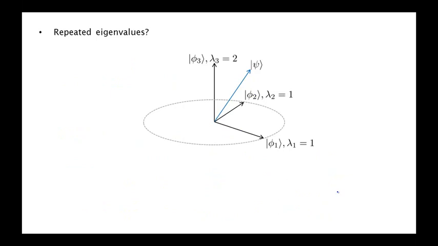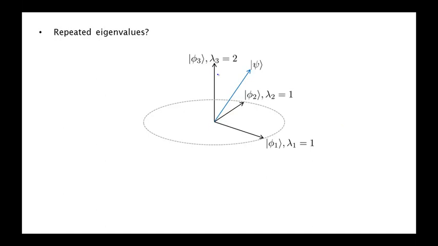Now what I said so far was not entirely correct, and the reason it's not entirely correct is because we do have to worry about repeated eigenvalues. So let's take this three-dimensional example. Let's say that we have an observable and it has these eigenvectors phi 1, phi 2, phi 3.